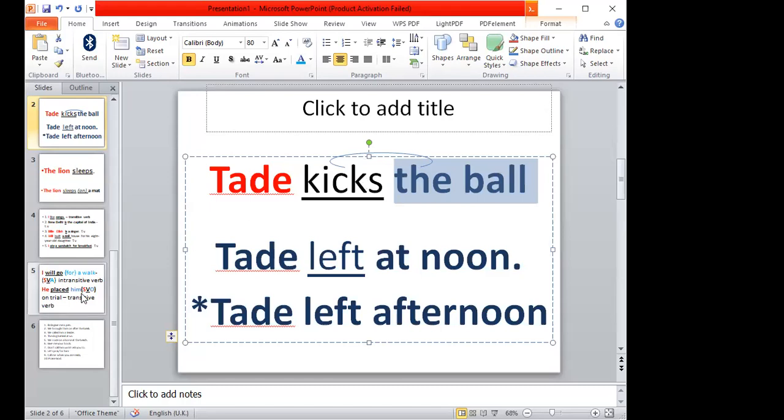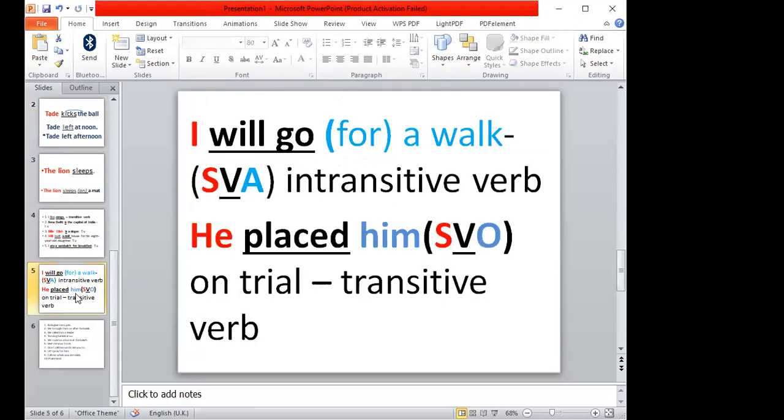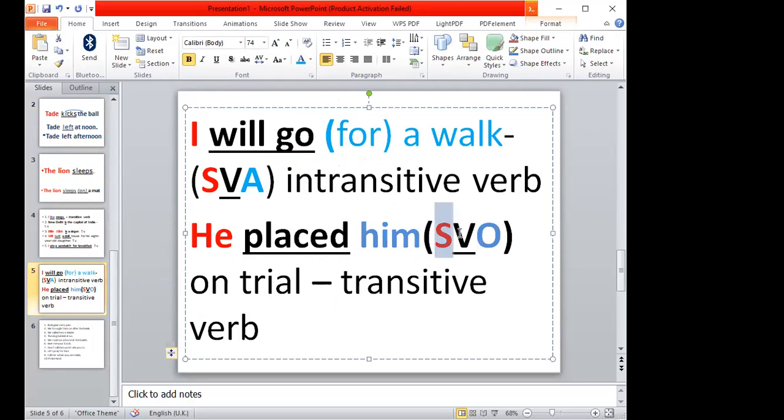And to further buttress that, another way for you to identify a transitive verb from an intransitive verb is that for your transitive verbs, the structure of your sentence will have the subject, the verb, and the object format, just as we have it here. This is our subject, this is our verb, and this is our object.